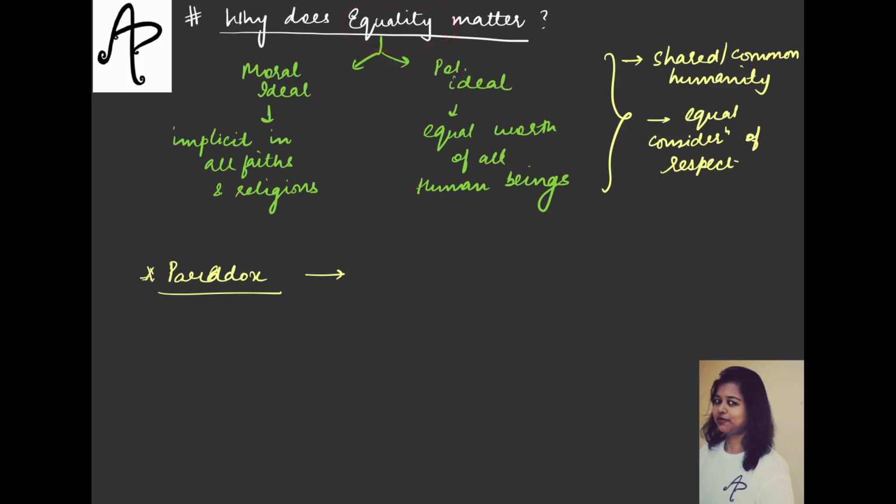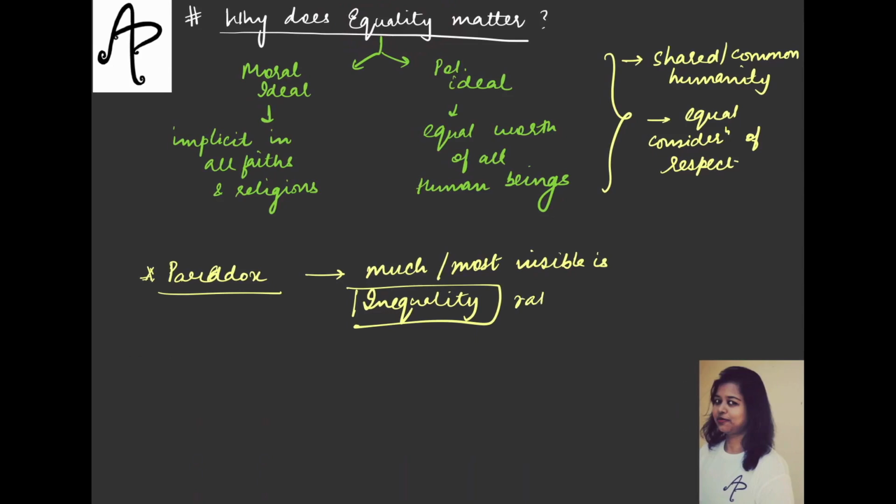And what is most visible in our society is inequality. We keep talking about equality, but equality is not something that we find as visible. What we find visible is inequality, and that too globally, rather than equality.